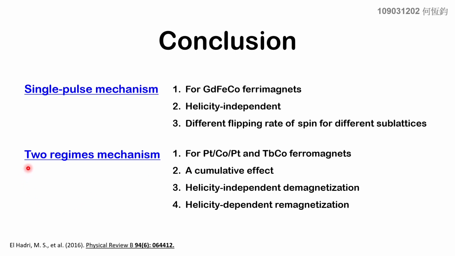The two regime mechanism can be observed in platinum cobalt and terbium cobalt ferromagnets, and it is actually a cumulative effect, composed of a helicity independent demagnetization and a helicity dependent remagnetization.